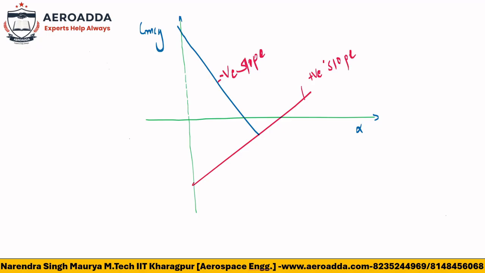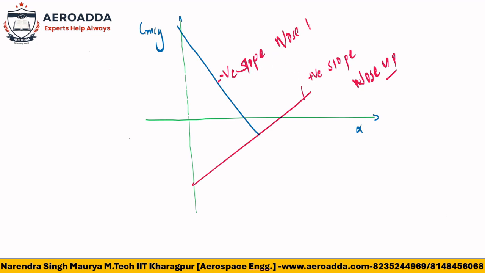Positive slope means what? It is going to nose up. Positive slope means nose up. Now the nose up condition will be leading to unstabilizing the aircraft. But at the same time, if there is a negative slope, that means nose down.